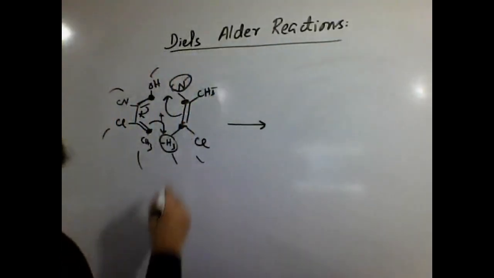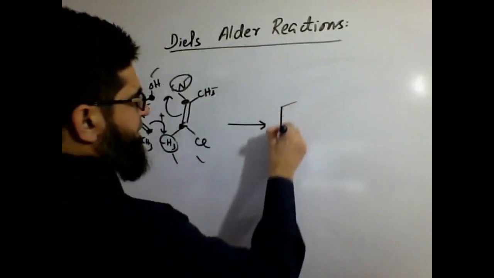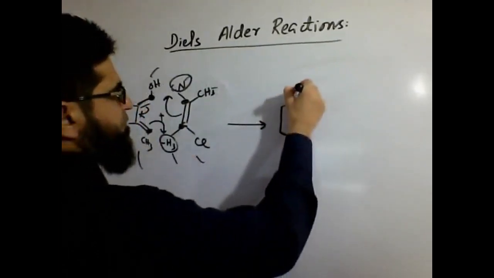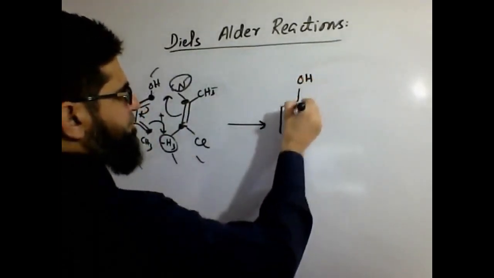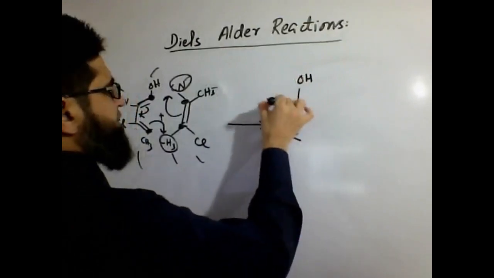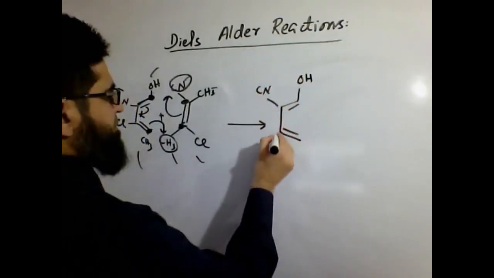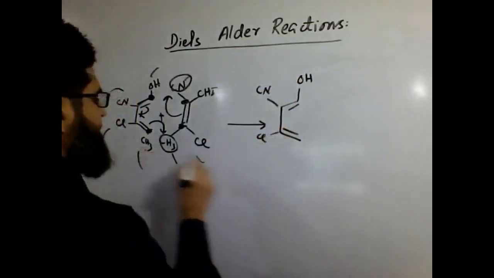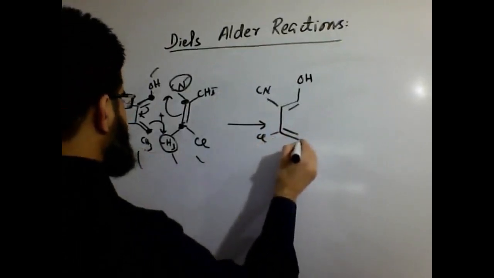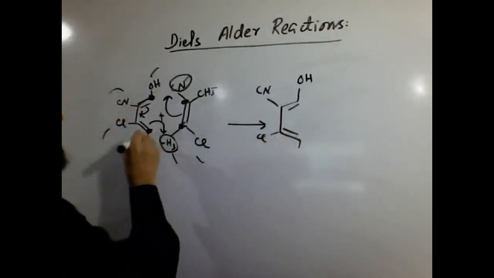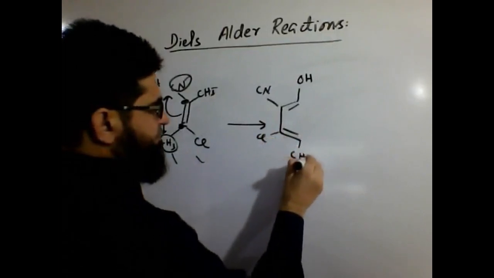So what's going to happen then? I can write, if it's OH, no problem. It carries CN. It carries chloro. It carries CH3 in this way. So I can write CH3.